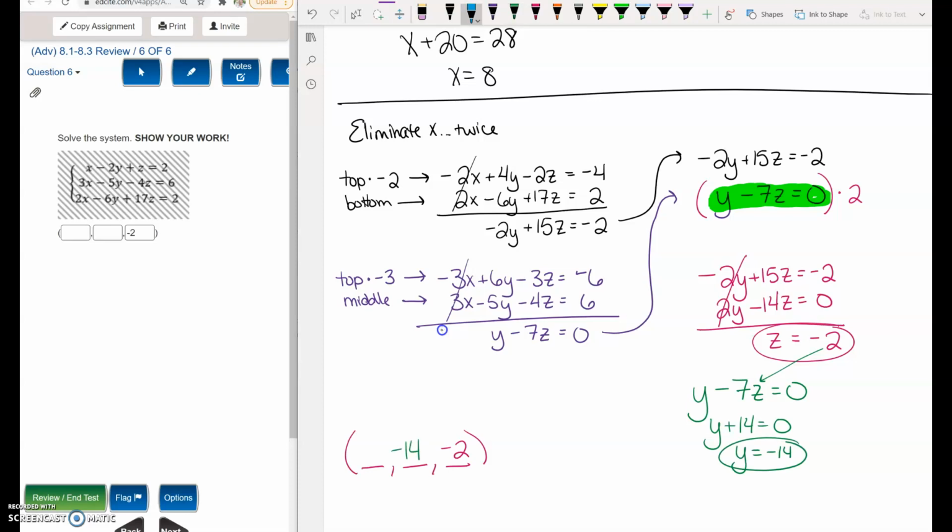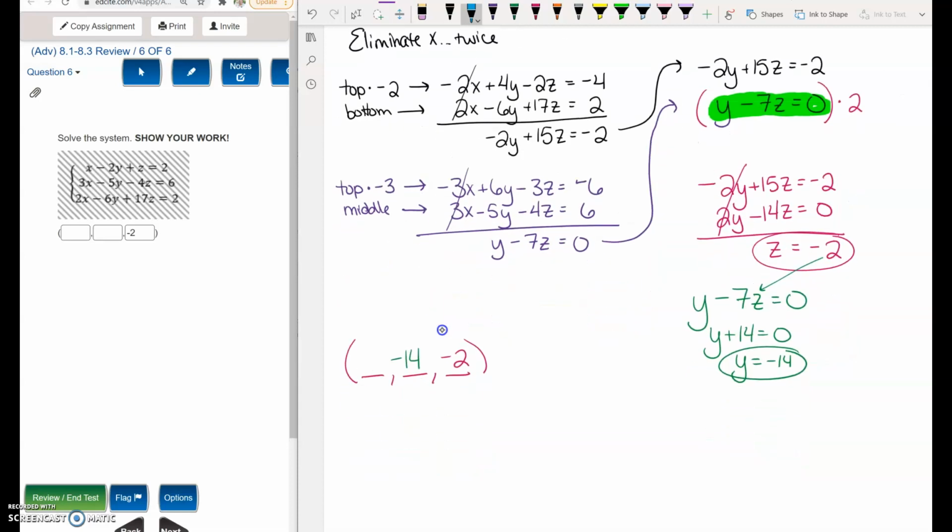Then I need to pick an equation that has all 3 variables, the easiest looking equation that has all 3 variables. And honestly, I don't really know which one looks the easiest. I think the original top equation looks the easiest. So I am going to use the original top equation, x minus 2y plus z equals 2. So x, -2 times -14 is positive 28.